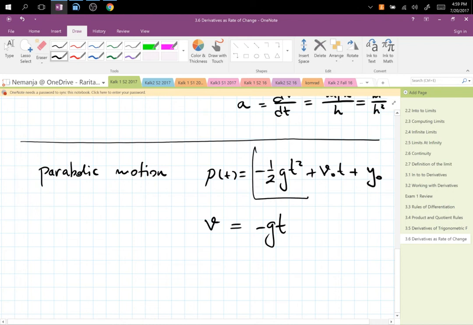In this term, the derivative of t squared is 2t. We all cool with that? The 2 kills the half. g is a constant, which we copy, so negative g t, right? Plus v0. And then y0 is a constant again, and that gives us 0 there.